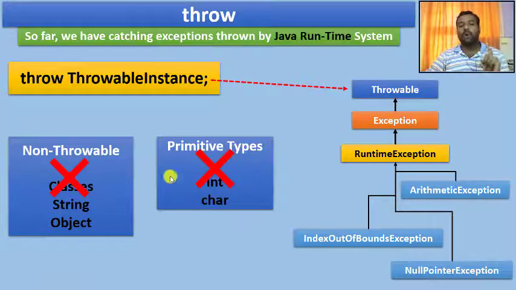So these two are not allowed whenever you use the keyword throw to throw an exception. If you are throwing an exception, it should be an object of any class or subclass of the Throwable class hierarchy. Remember this point.